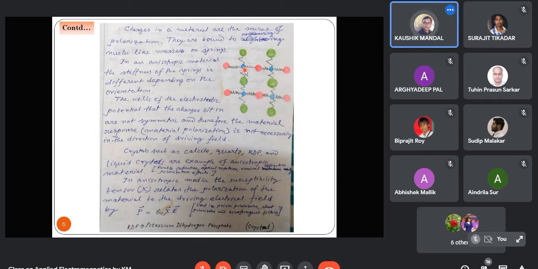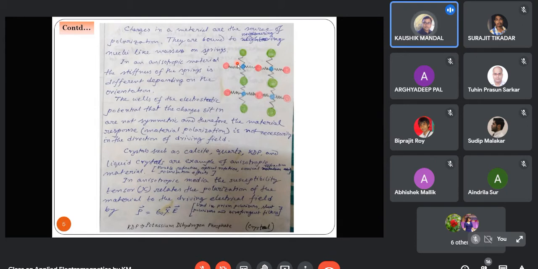As a result, what will happen? If you consider the case of isotropic material, the electric charges are connected with the neighboring nuclei like a mass on a spring, but in isotropic materials the strength of these connecting springs is equal.